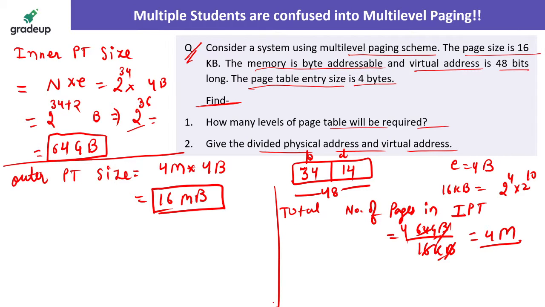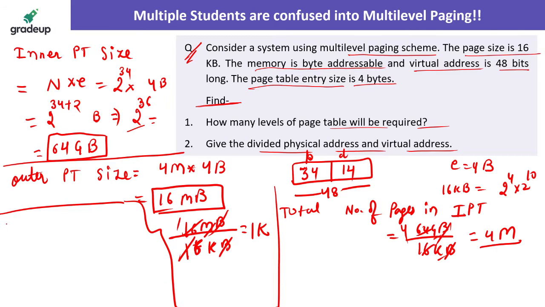So 16 MB will be divided into equal sized frames of 16 KB. So now if you divide, it will be 1K. Now one new table has to be created, and it is the outermost page table.